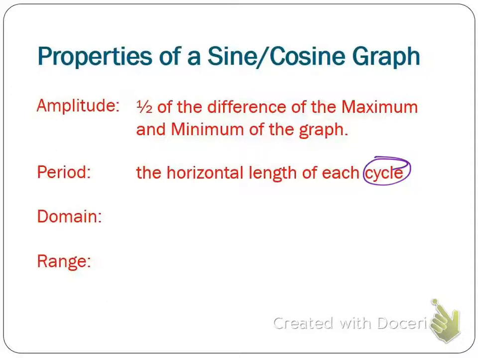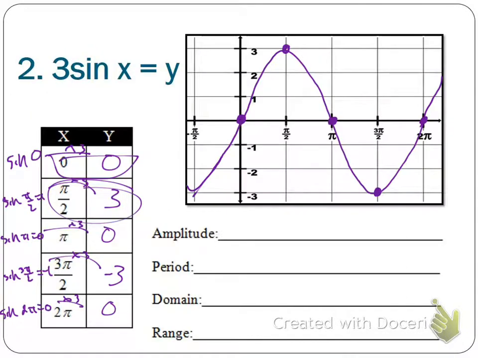It's the one cycle, it's kind of hard to say, but the one cycle is this right here. For a sine graph, it was one up and down, and then back to the x-axis. So it's however long it takes to create that up and down for the sine.